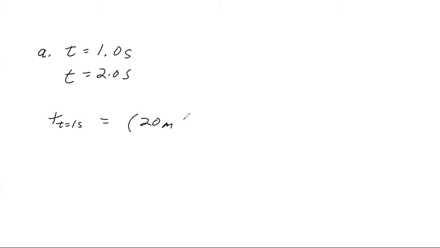All right, A. At t equals 1.0 seconds and t equals 2.0 seconds, we will find the cheetah's position. So x at t equals 1 second is going to be 20 meters plus 5.0 meters per second squared times 1.0 seconds quantity squared, and that's going to be equal to 25 meters.